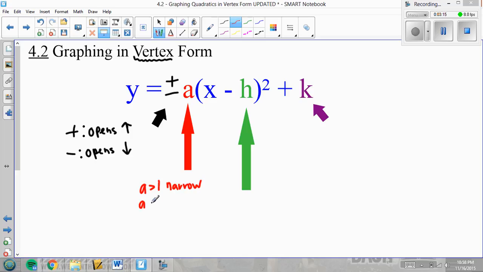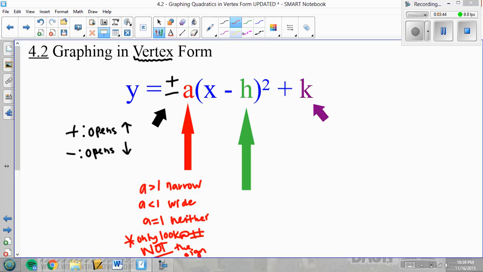If A is less than 1, we are wide. And if A is equal to 1, we are neither. So remember, you only look at the number, not the sign. Okay, if you remember that, you don't have to write that down.